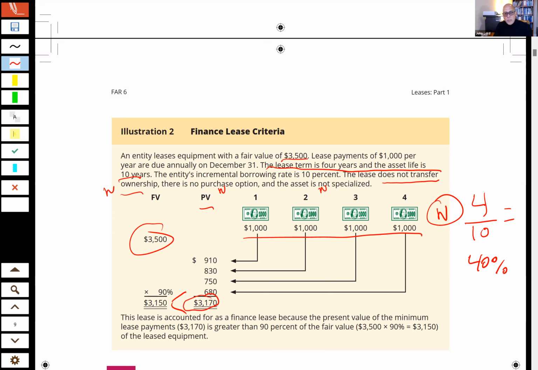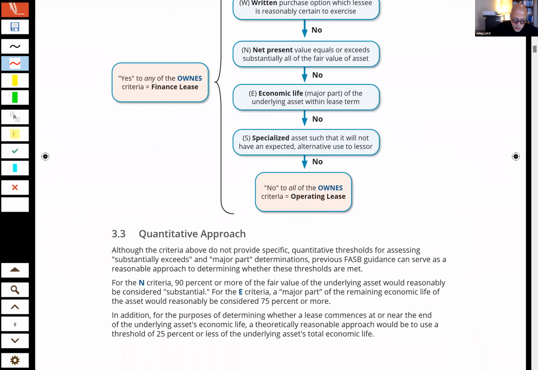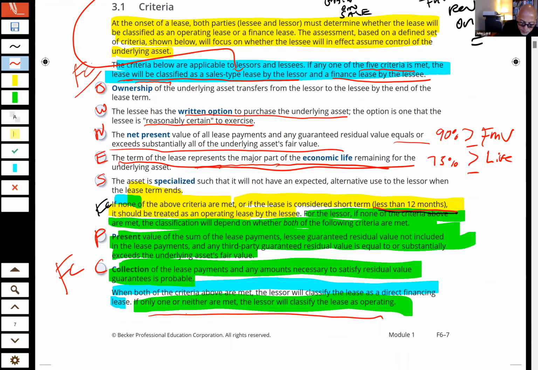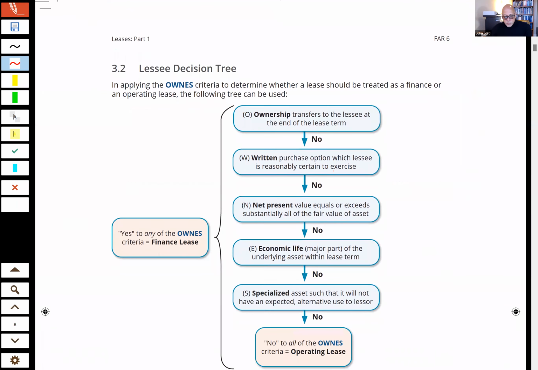So that is meeting that criteria up there, which is the net present value of the lease payments equals or exceeds substantially all, 90%. Okay, good.